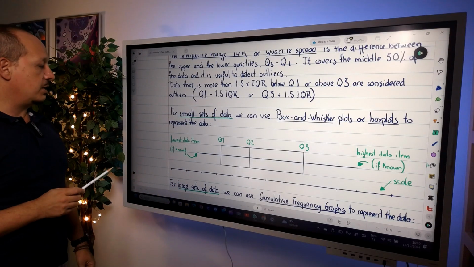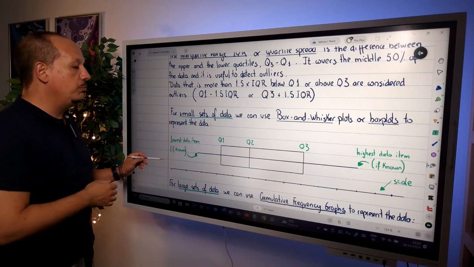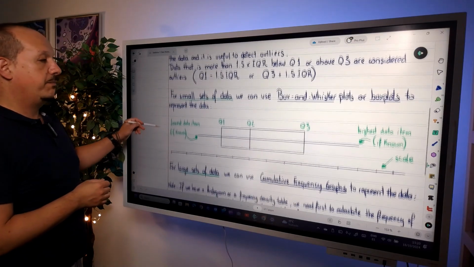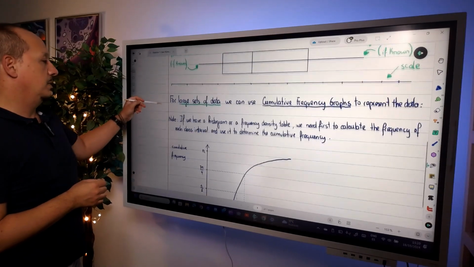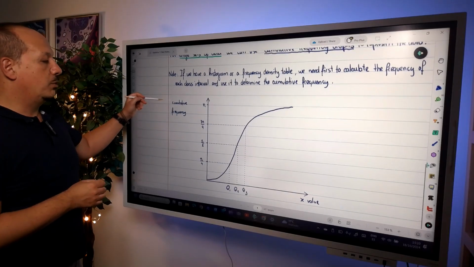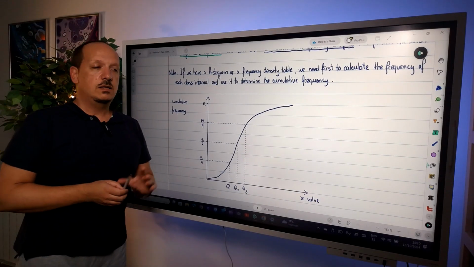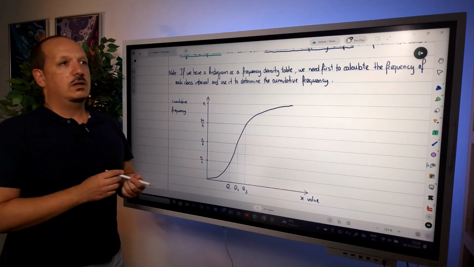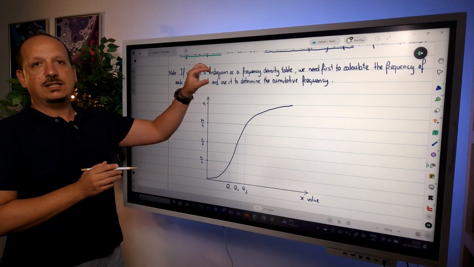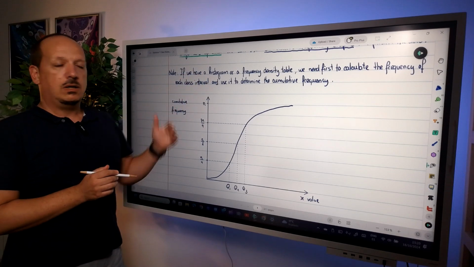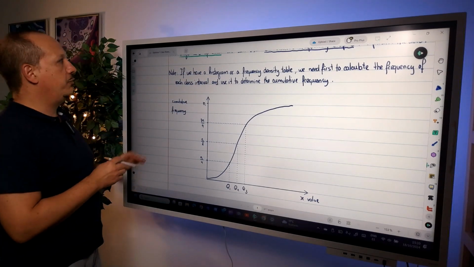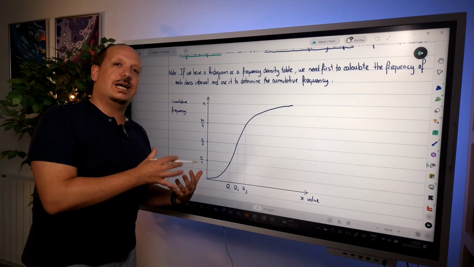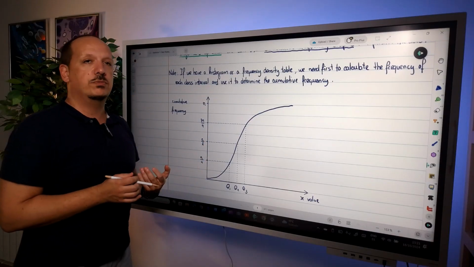For large sets of data, we can use instead a cumulative frequency graph. You remember what cumulative frequency is? The cumulative frequency is calculated out of a frequency graph by adding the frequencies top down. If you have a histogram, you'll need to retrieve that information from the histogram.